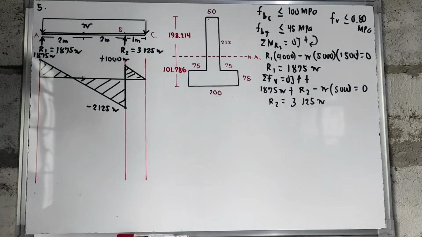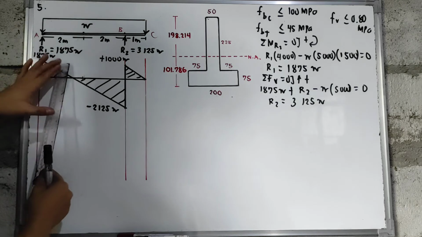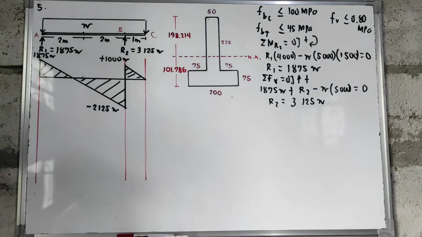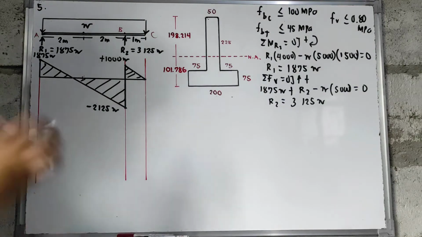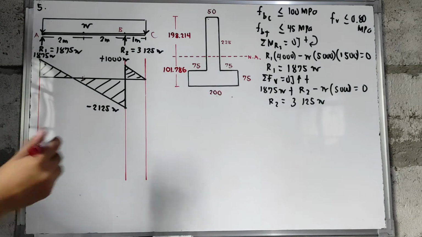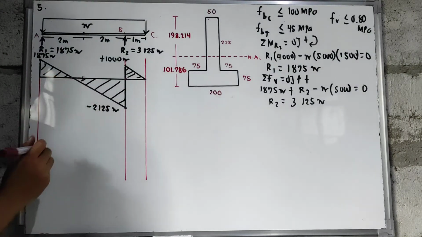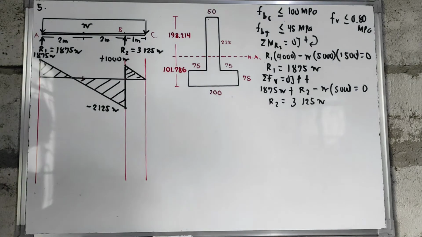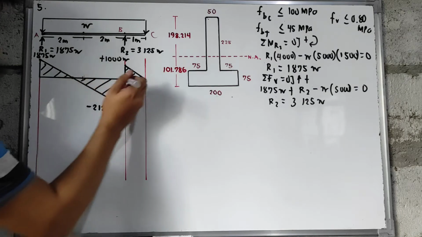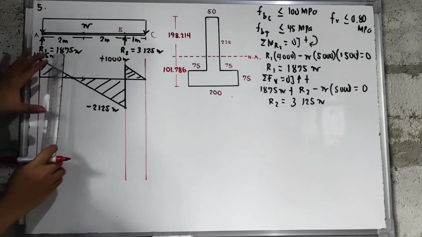Since nagkaroon tayo ng zero shear, meaning to say, nandoon yung maximum moment natin. So for this example, dalawang beses tayong nagkaroon ng zero shear. First is dito sa point na to, at saka dito sa point na to. So for this one, yung tendency niyan is possible na at this point or at this point, nandito yung maximum moment natin.